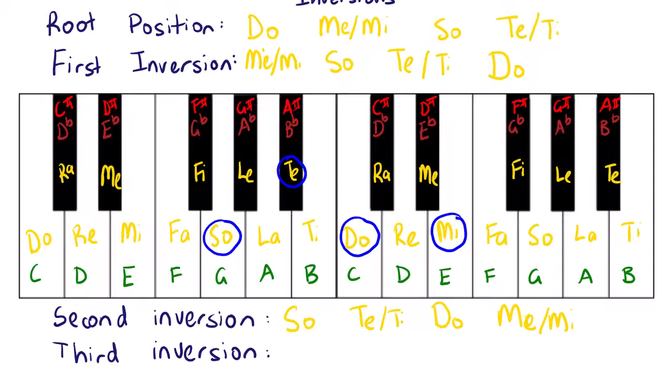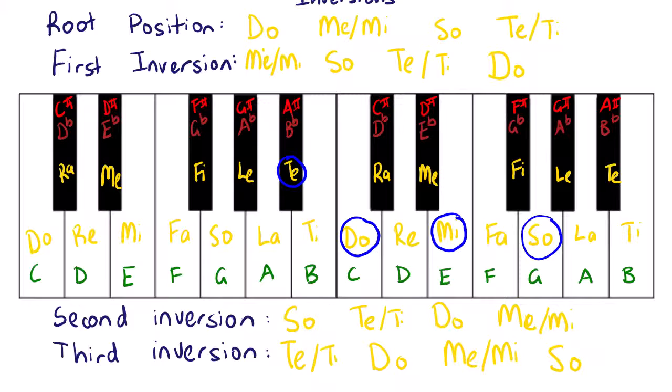note. And then if we want to do the last one, it will become te or ti, depending on the 7th chord, then do, then me or mi, depending on the type of chord, and then so. That would go like this.